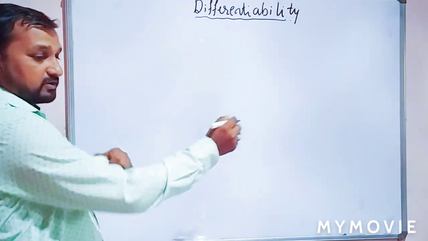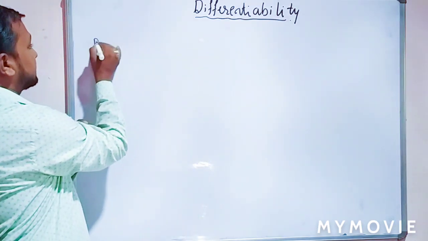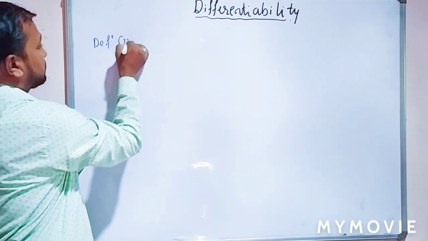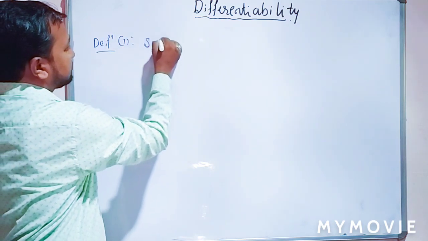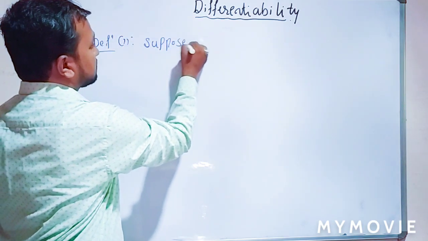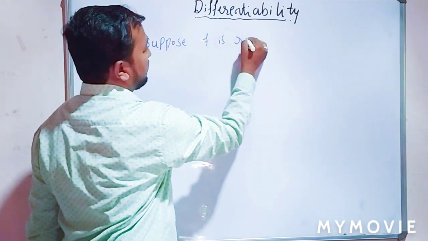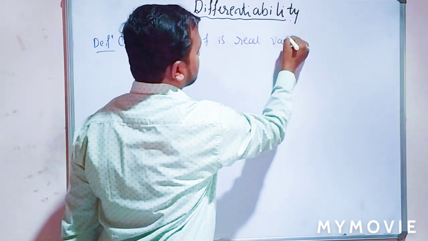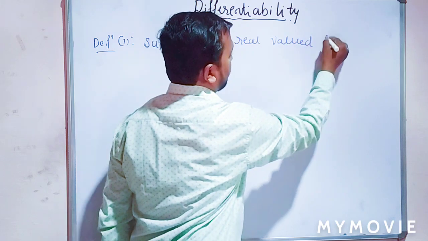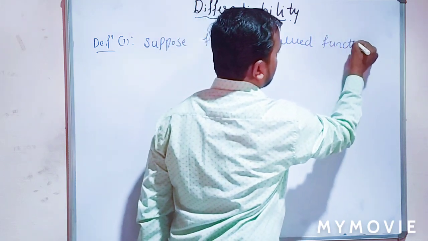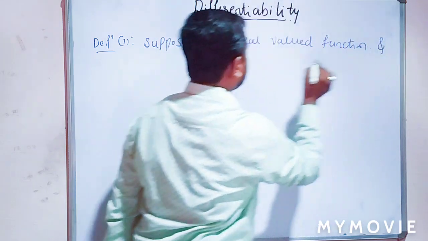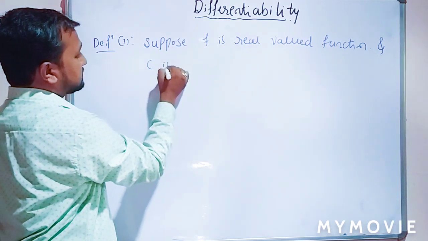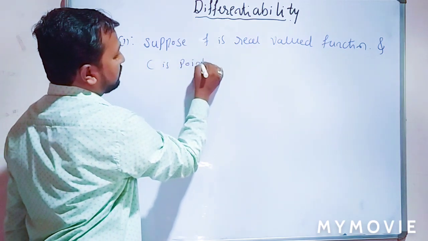First of all, we know definition 1. What is definition 1? Suppose f is a real valued function and c is a point in the domain.